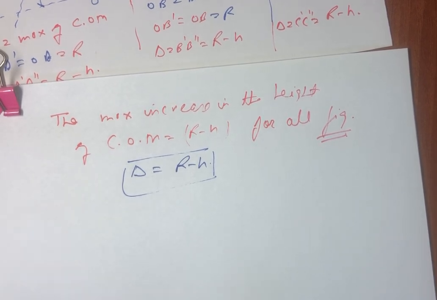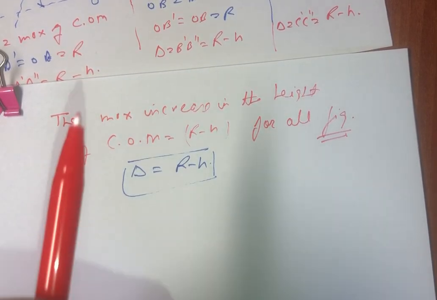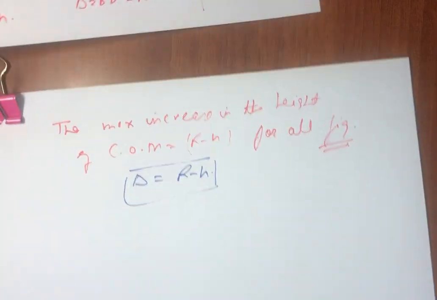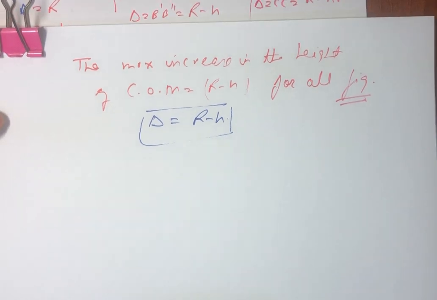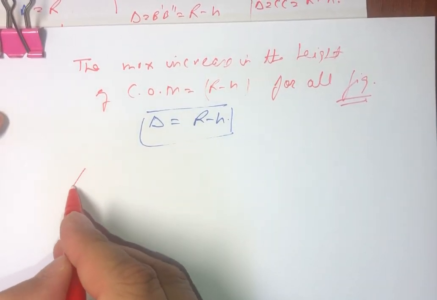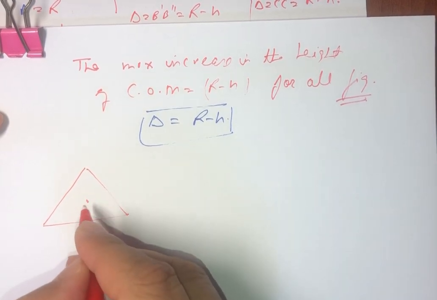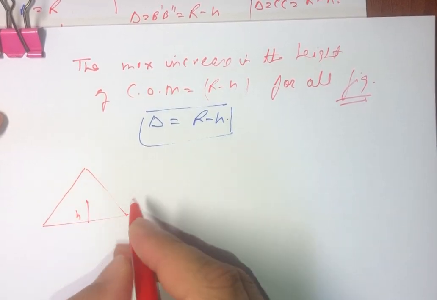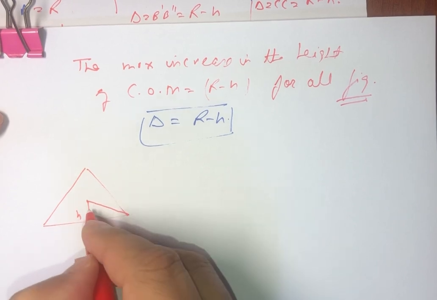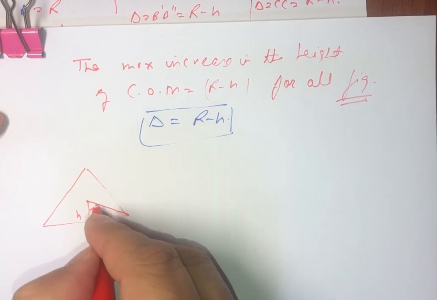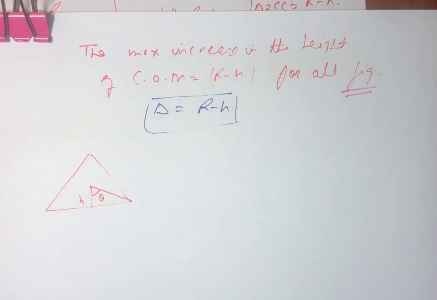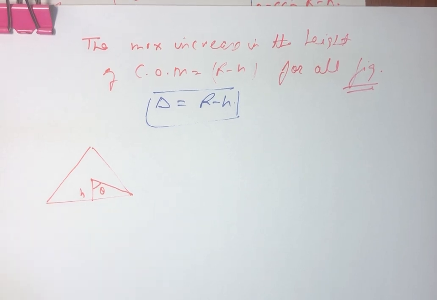Now let us find out, because here the angle is also given in the form of the radian. So for the triangle, we have center of mass whose height is given as H, and this angle is theta.